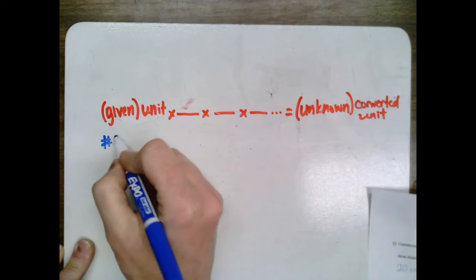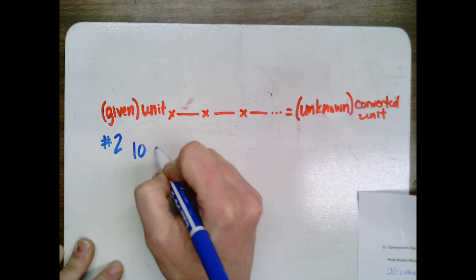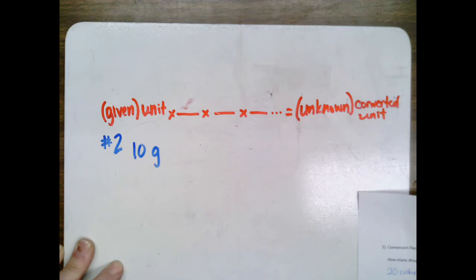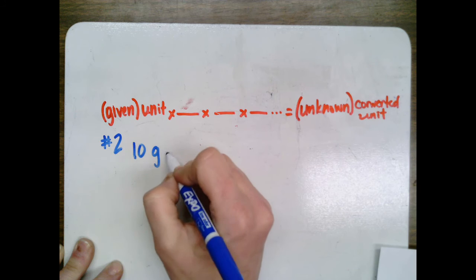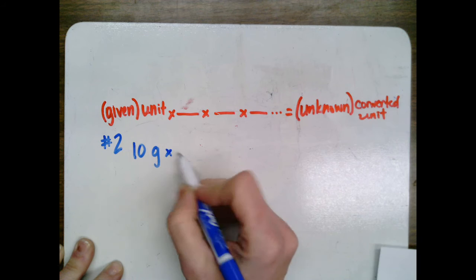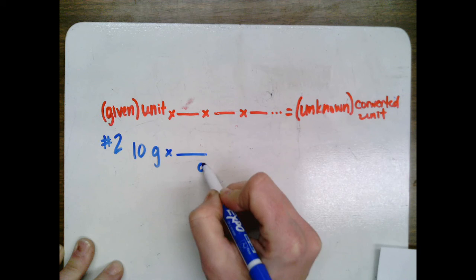So 10 gorillas is our given for number 2, right? I'm going to start with that. I'll call it G for short. Then using just the units, I want to arrange where those need to be. If gorillas is in the numerator, that means gorillas is going to have to go into the denominator.